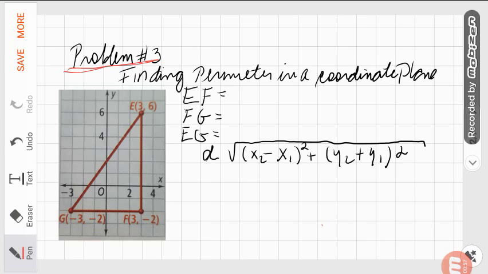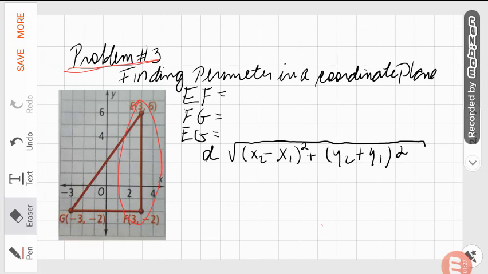Okay, so the first thing we have to do is find the length of each one of the segments. Here we have a segment, here we have another segment, and here we have a segment that in a triangle is called a hypotenuse. Okay, so let's start with the first one, finding the distance or the measure of this segment EF.